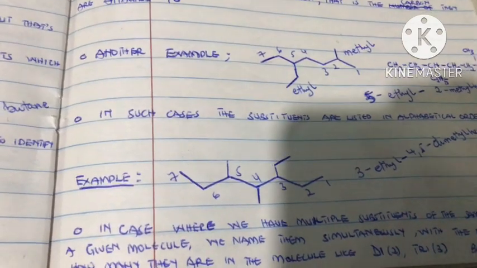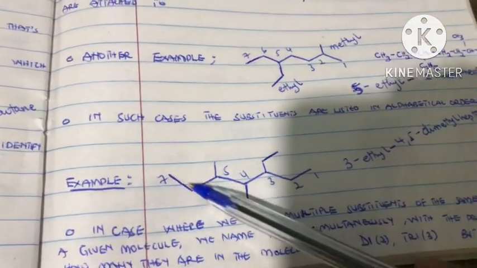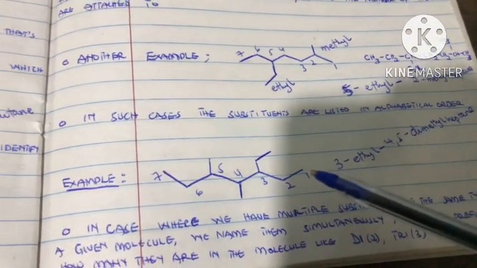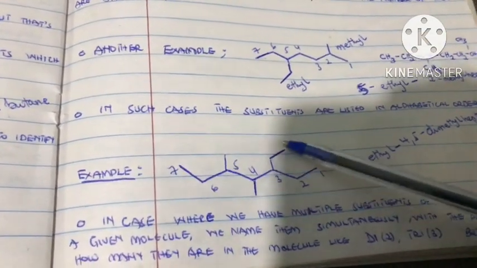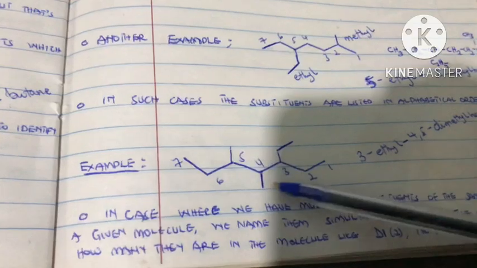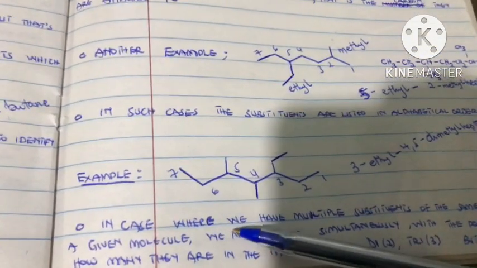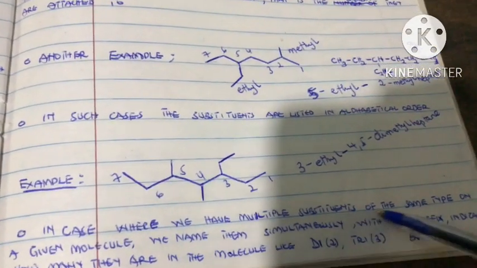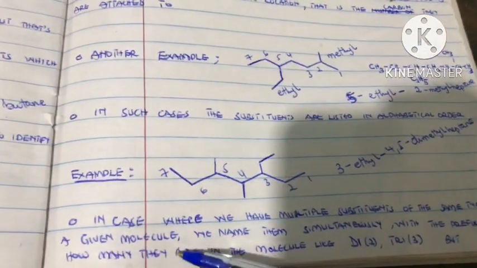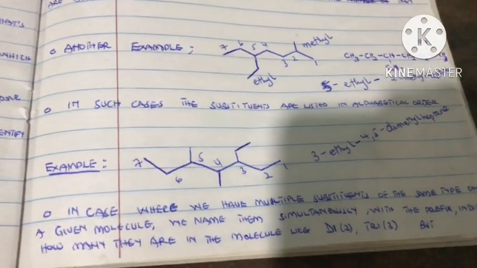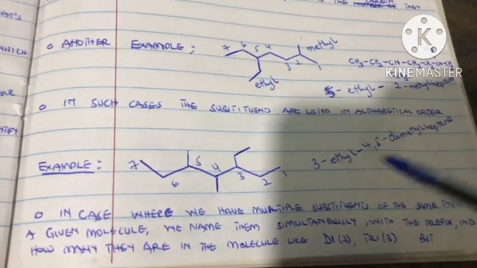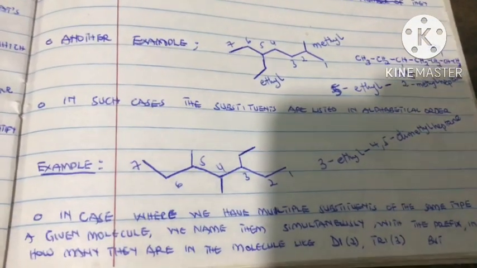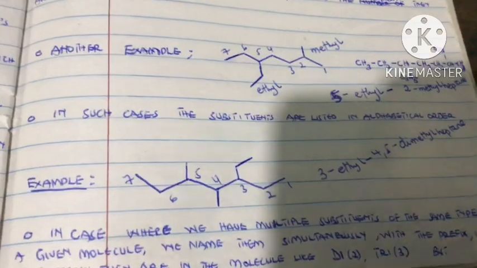So let's look at this example. First, you have to identify the longest carbon chain, and this is the longest carbon chain. And this is the case that we have 3 substituents here. But of the 3 substituents, we have 2 methyls. And in case where we have multiple substituents of the same type on a given molecule, we name them simultaneously with a prefix indicating how many they are in the molecule, like di if they are 2, tri if they are 3.